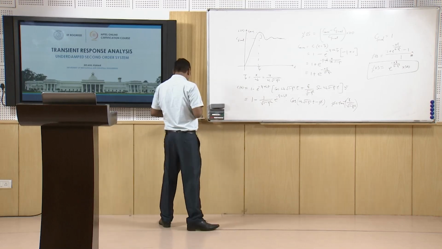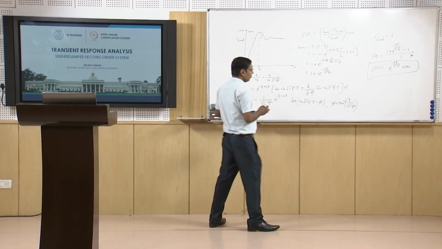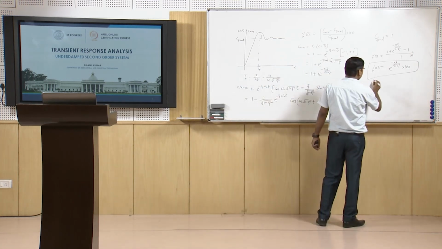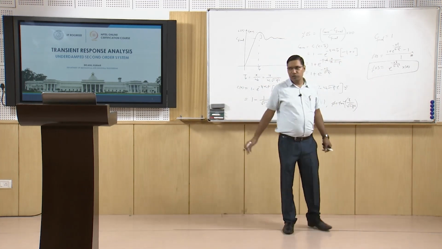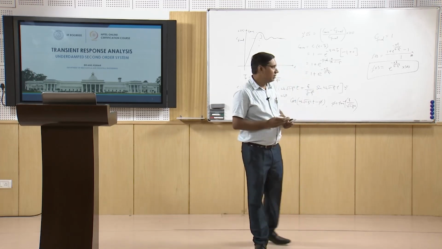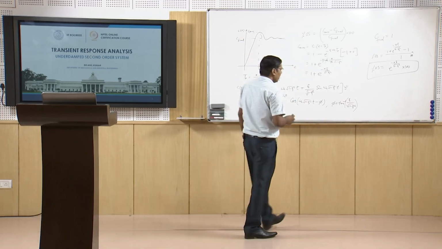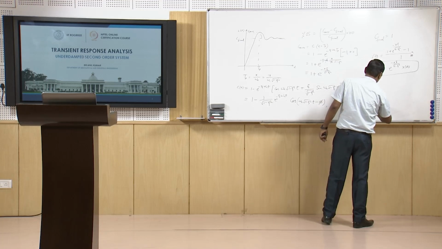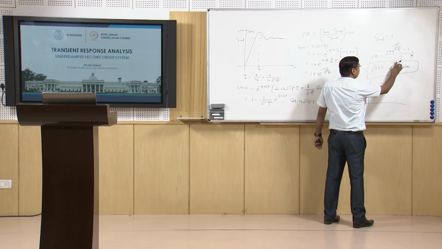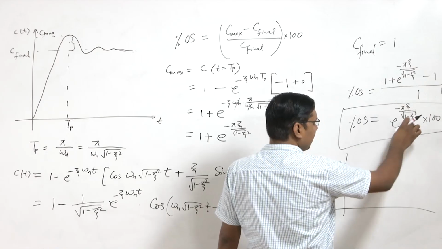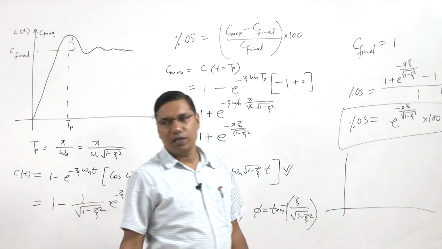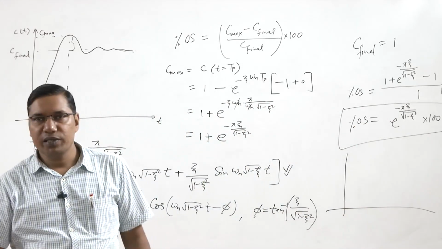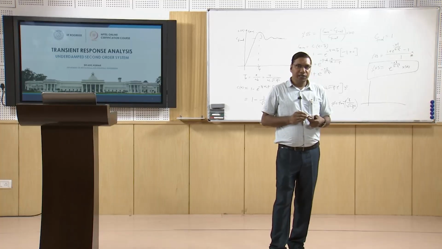Now we see that percent overshoot is only a function of damping. When damping is more, this quantity is less, so percent overshoot will decrease when the damping increases.